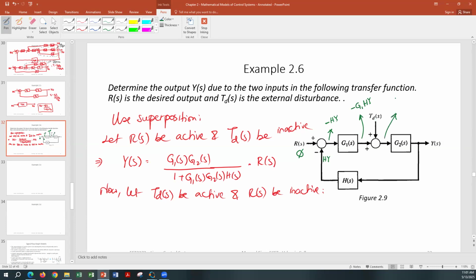So the signal here is negative G1 H Y plus T_D. And that will pass through G2. So the signal here is going to be G2 times (T_D minus G1 H Y), which is equal to Y, Y(s).